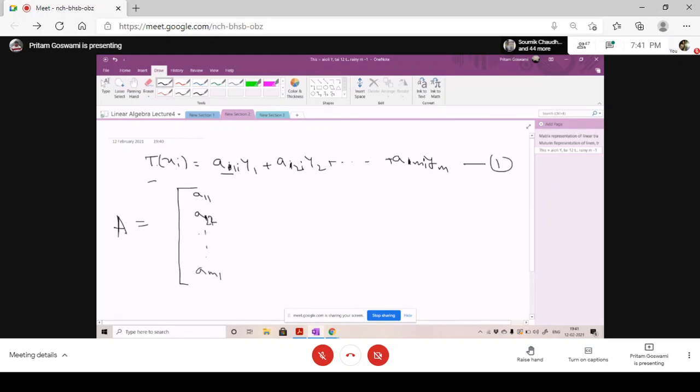And for T x2, you will get similarly the scalars a12, a22 and so on. That's how, if you construct the matrix, it would end with a1n, a2n, up to amn. You can construct a matrix like this.